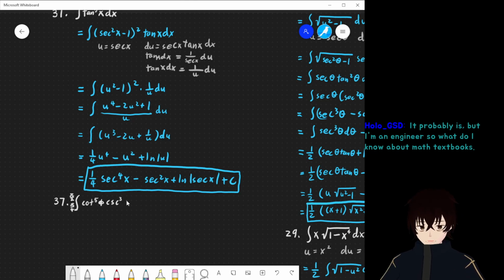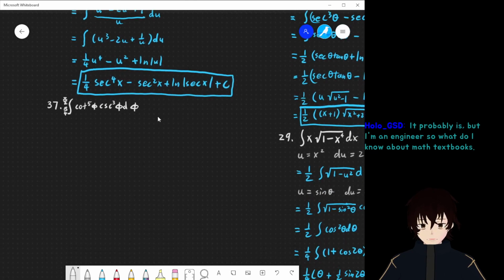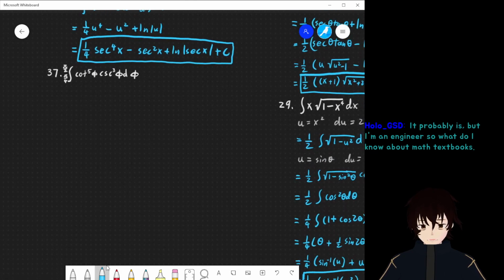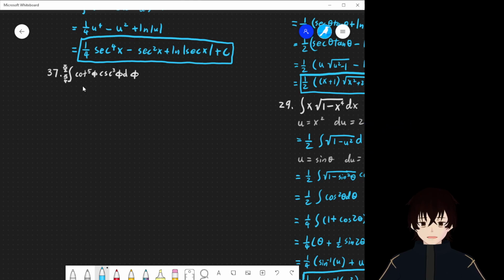Cosecant cubed phi d phi. All right. What I want to do is probably make all these even. I'm going to rewrite the integral first.